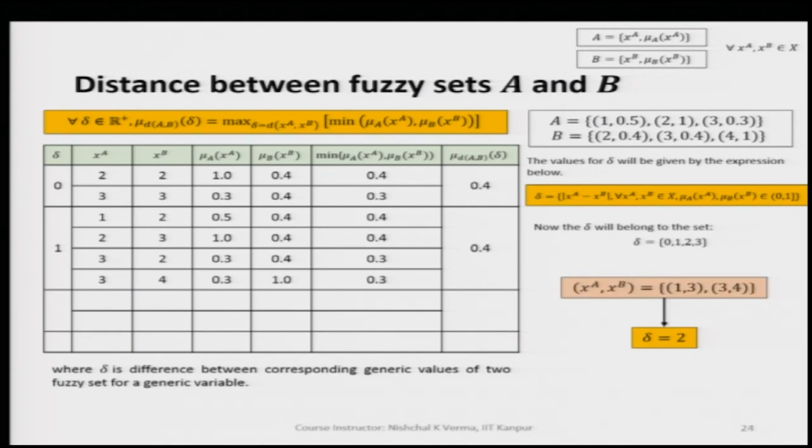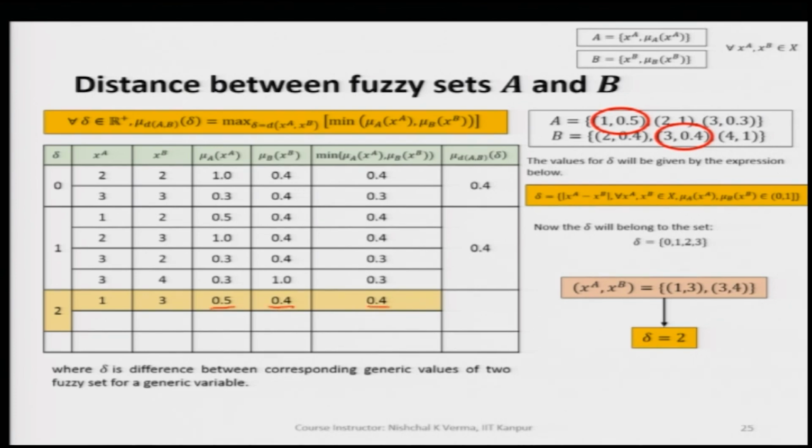So, here if we see both the discrete fuzzy sets, we are getting 1 3 and 2 4. So, these two pairs are giving us delta is equal to 2. Now, on the same lines, let us enter these values. When we take 1 3 we are getting 0.5 and 0.4 as their corresponding membership values.